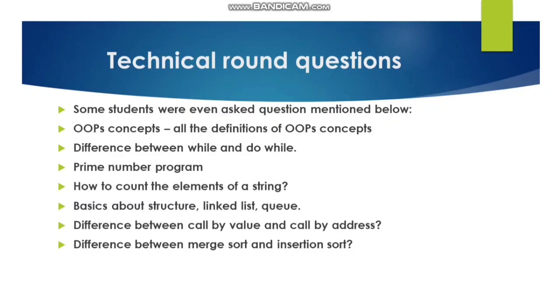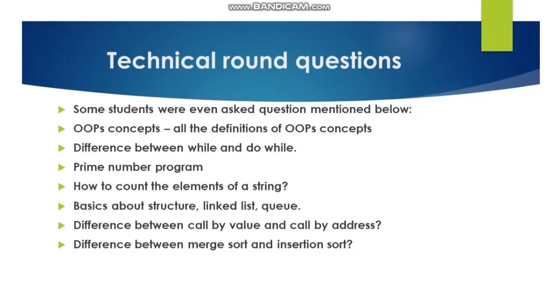Some students were even asked questions mentioned below, like OOPS concepts, all the definitions of OOPS concepts, difference between while and do while, prime number program, how to count the elements of a string, basics about structure, linked list, queue, difference between call by value and call by address, difference between merge sort and insert sort.